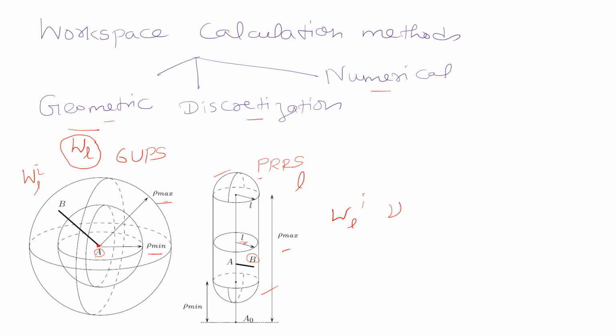And the next method is the discretization method. In this method, the workspace calculation is based on the discretization of the pose parameters in order to determine the workspace boundary.